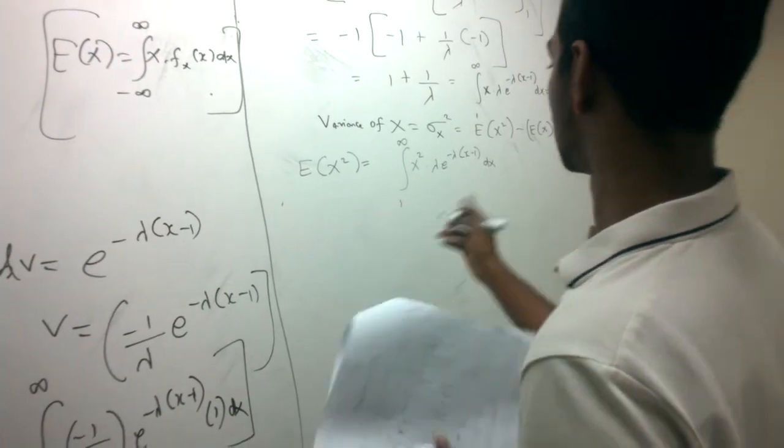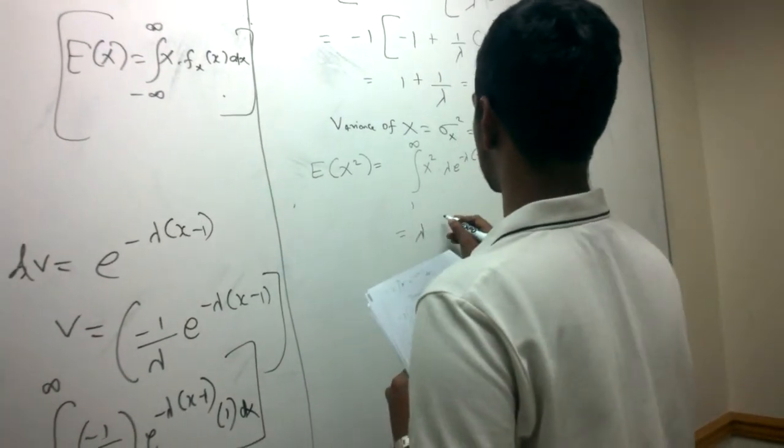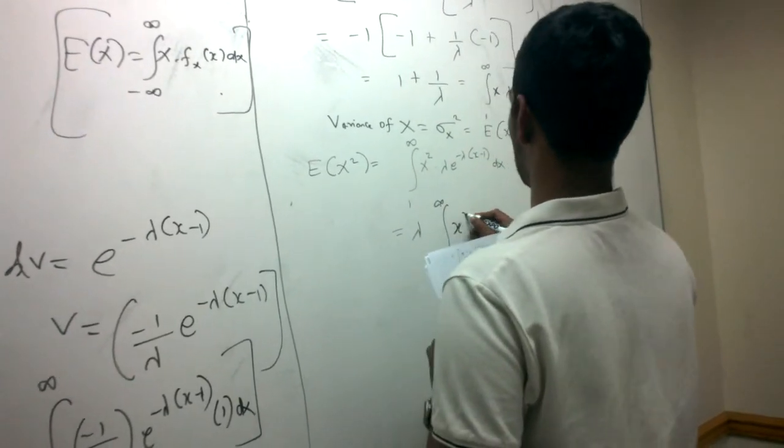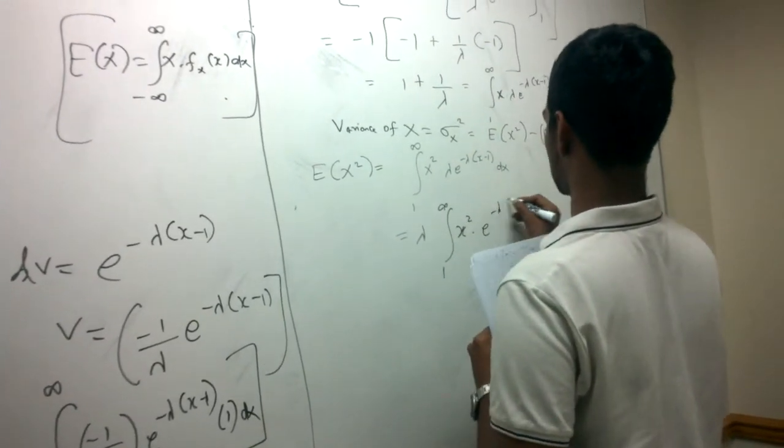Again we have lambda, which is a constant, and the integral from 1 to infinity of x squared times e power minus lambda (x minus 1) dx.